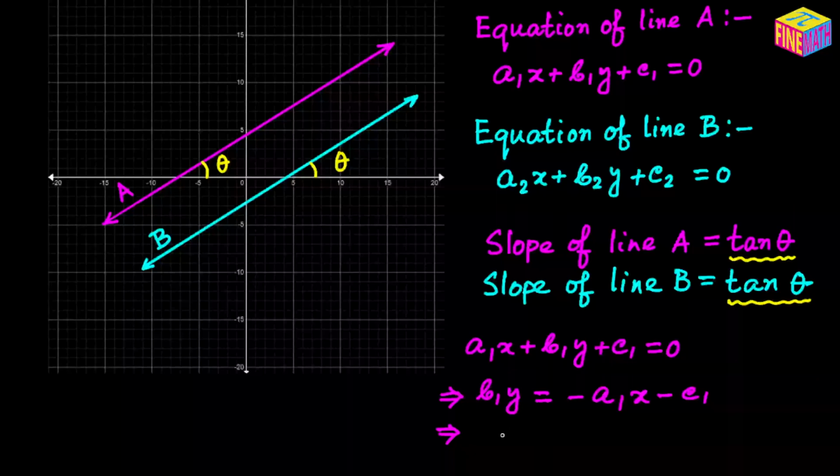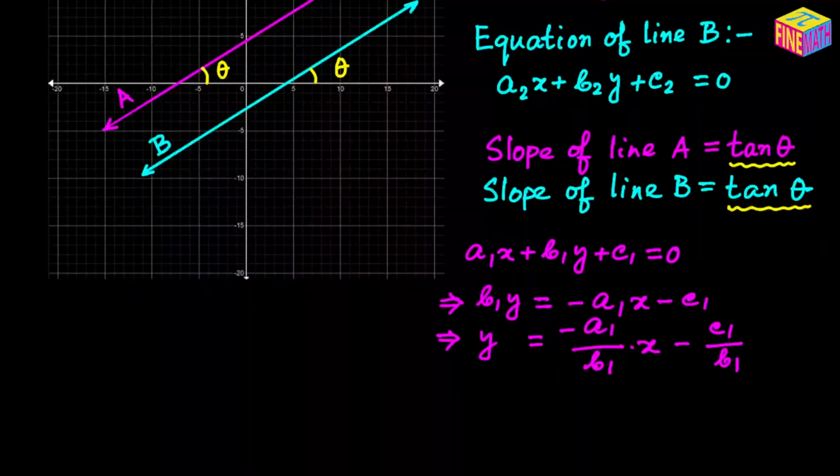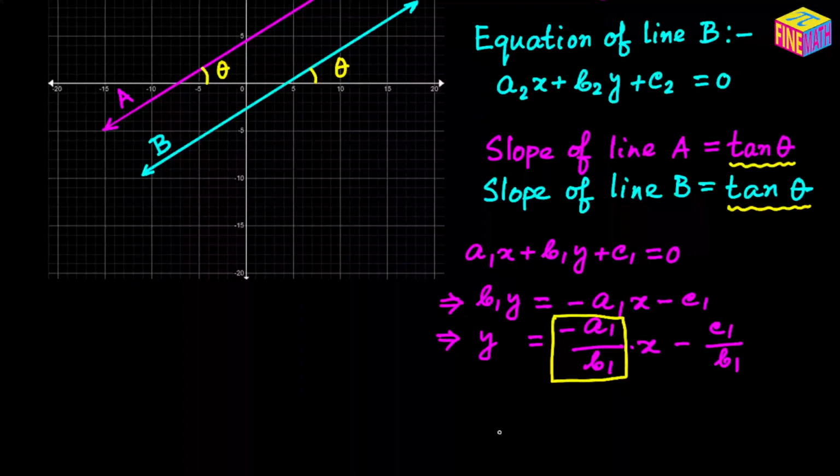And if we divide both sides by b sub 1, on the left hand side we are left with just y, and that will be equal to negative a sub 1 divided by b sub 1 times x, minus c sub 1 divided by b sub 1. So this is the slope-intercept form of our first equation. Now from here, one thing I would like to highlight is that the slope of this straight line is the negative of a sub 1 divided by b sub 1. That is the slope of the straight line A, the first one, right?